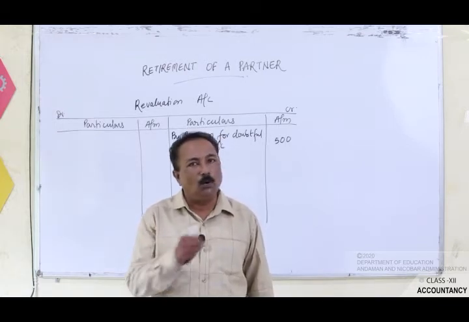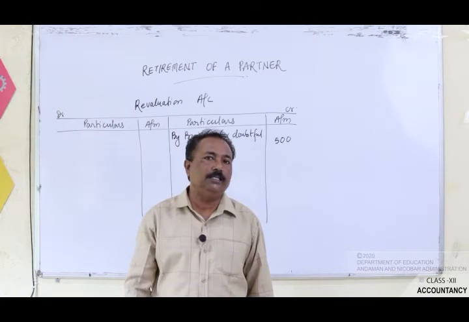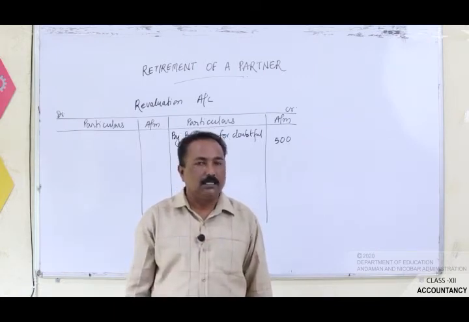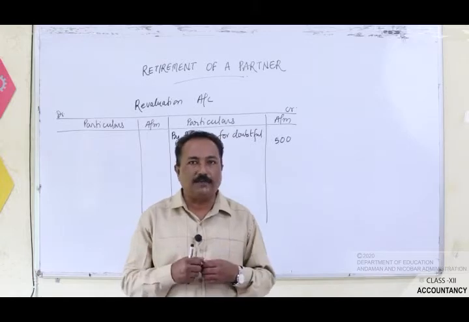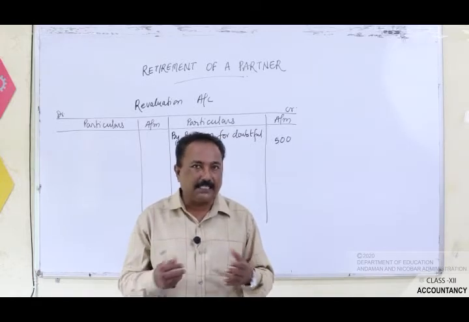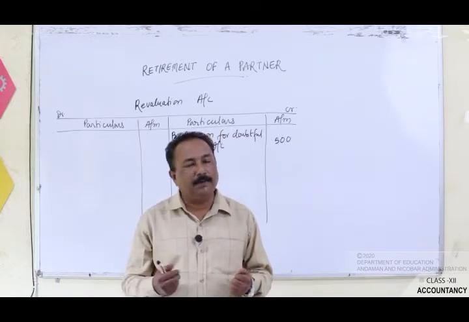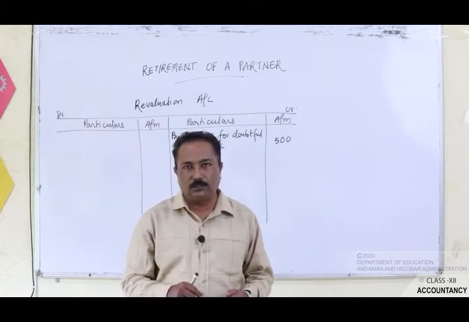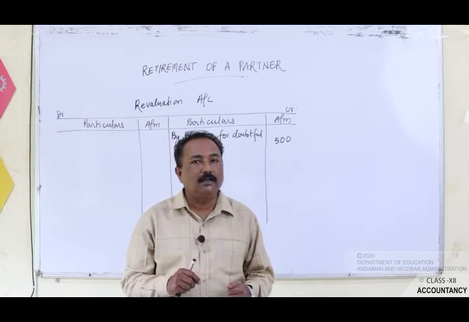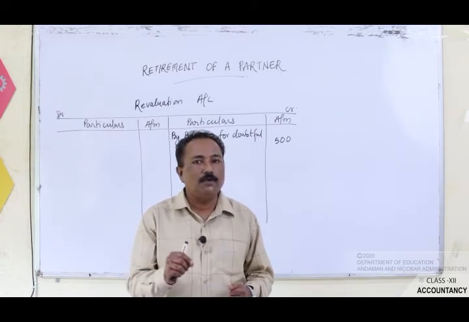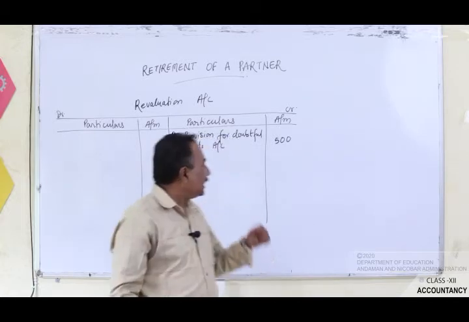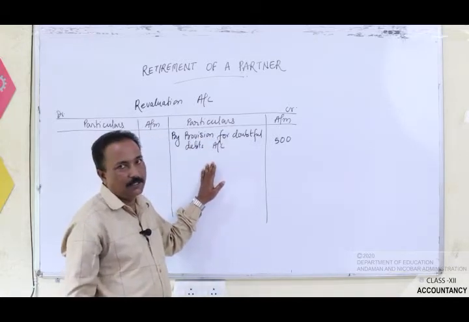Let us see the old value of land and building given to you in the balance sheet. It is rupees 1,20,000. Now, on comparing these two figures, we can say that the value of land and building has increased by rupees 12,000. And as I told you, whenever the value of assets increases, that has to be posted on the credit side of the revaluation account.